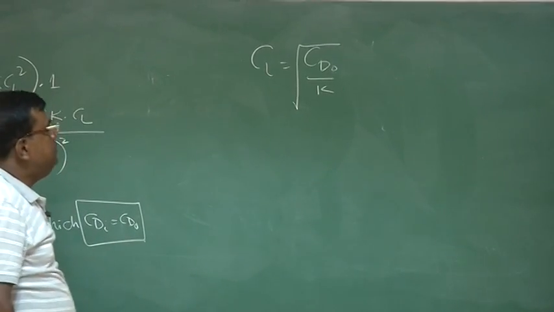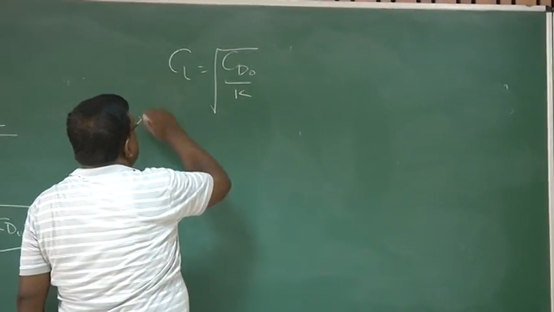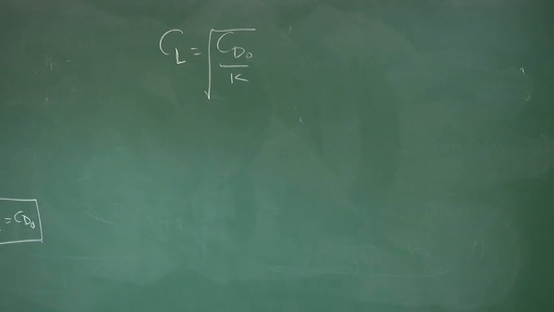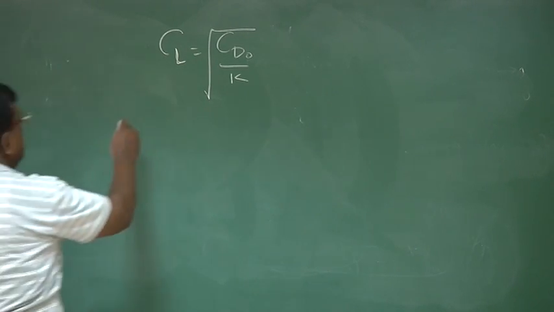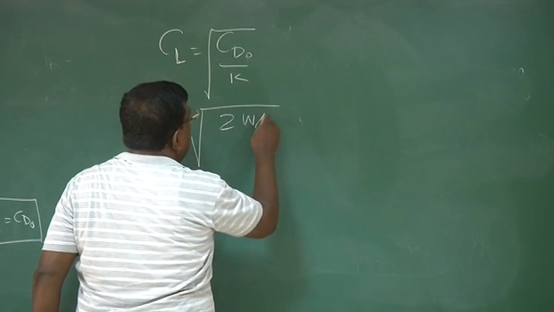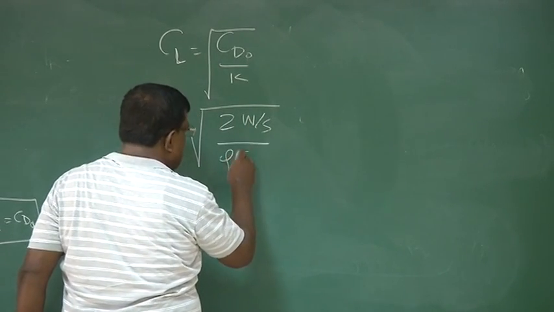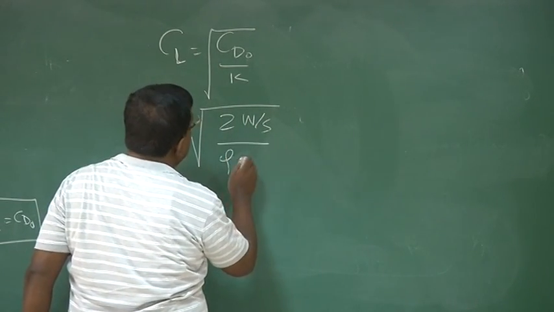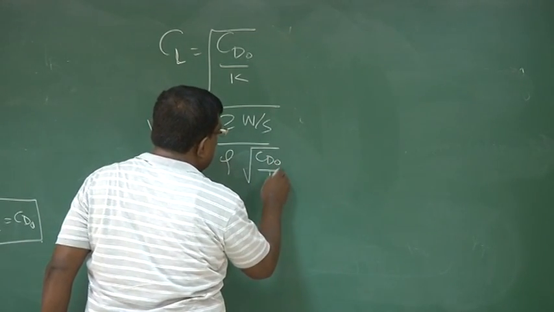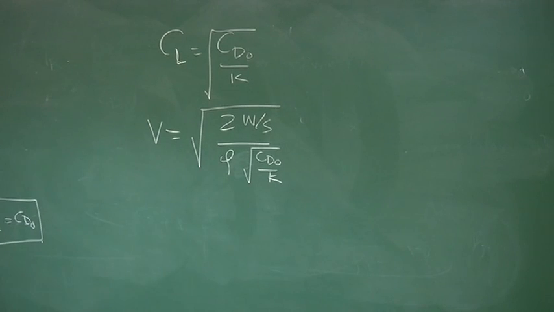Now let us see. When I say CL equal to CD naught by K, what is the speed I should fly so that thrust required is minimum? V will be the square root of 2 W by rho S CL, that is CD naught by K. Right?